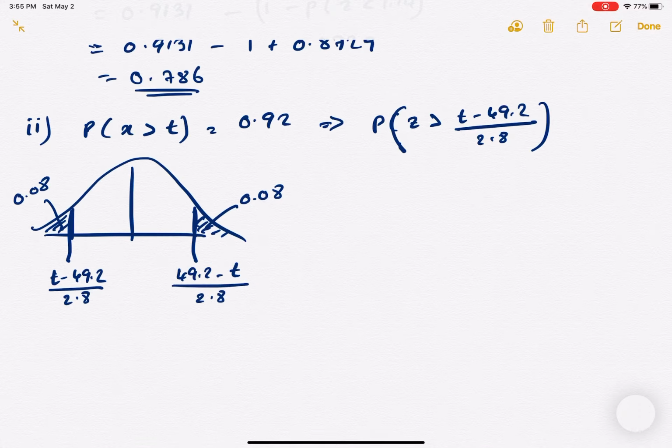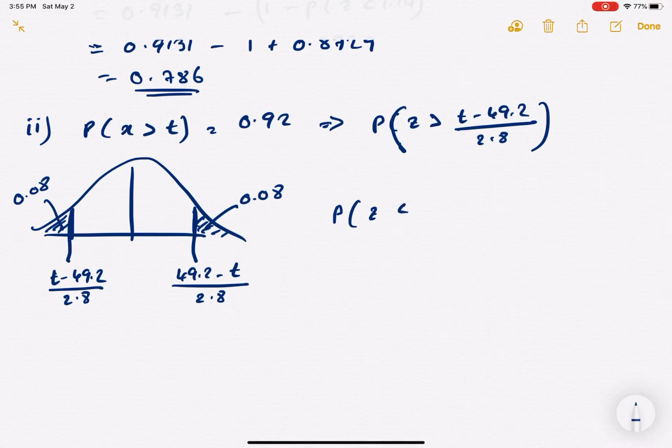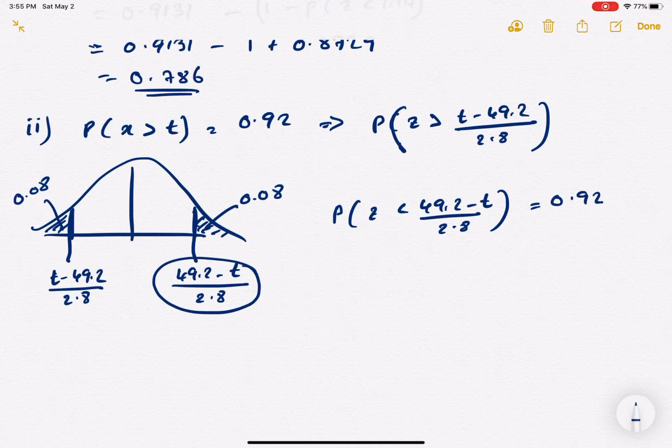So I could say the probability of z less than 49.2 minus t over 2.8 is also equal to 0.92, because the probability greater than this value over here is 0.08. So less than that value should be 0.92. For 0.9200 from my normal table, I cannot find an exact value, but the closest I could find is 1.40.